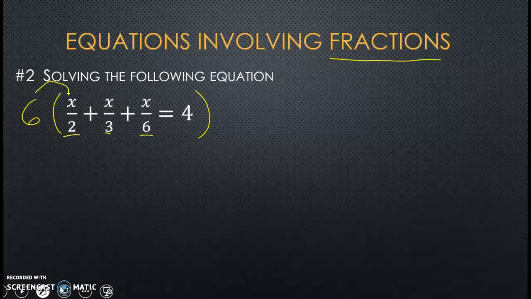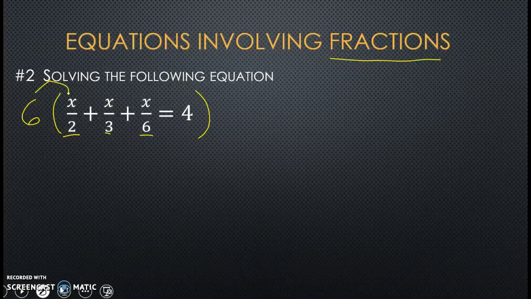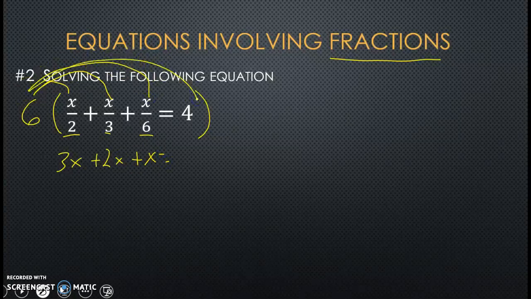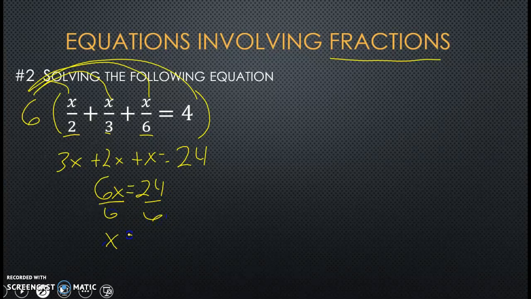So when I take 6 times x over 2, well, that's the same thing as 3x, because 6 over 2 is 3. 6 times x over 3, well, that's 2x. 6 times x over 6, well, that's just x. And then 6 times 4, well, that's 24. So on the left-hand side, we have 3x plus 2x plus 1x, well, that's 6x equals 24. And if I divide both sides by 6, then I get that x is 4.